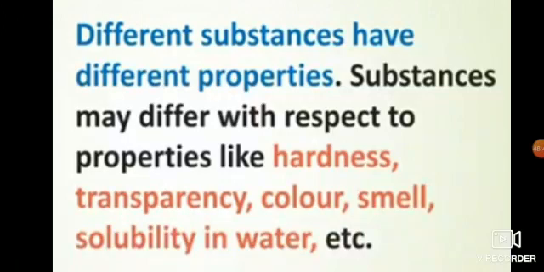Then the color, the smell. All are having properties, but it depends on the substances. Not all the substances will have the same properties. Different substances will have different properties. Is it clear to you all?